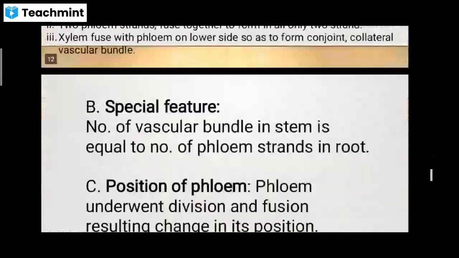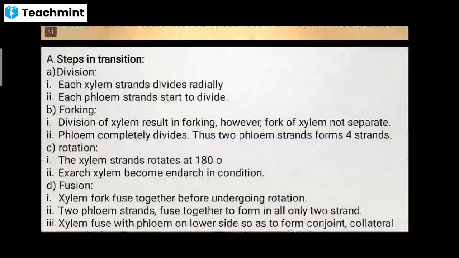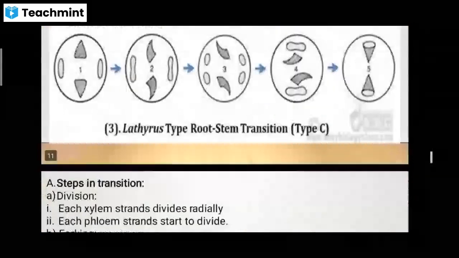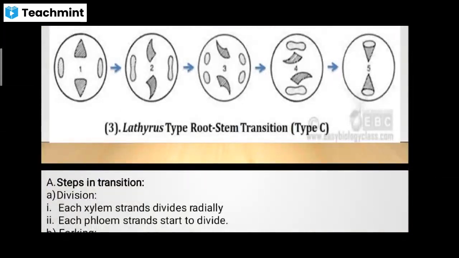Then regarding the position of phloem, the position of phloem is changed. The phloem undergoes division, then they will be fused, and that's why the position of the phloem strands is changed. You can see here the position of the phloem. In the first figure, these phloem strands are at the equatorial position.